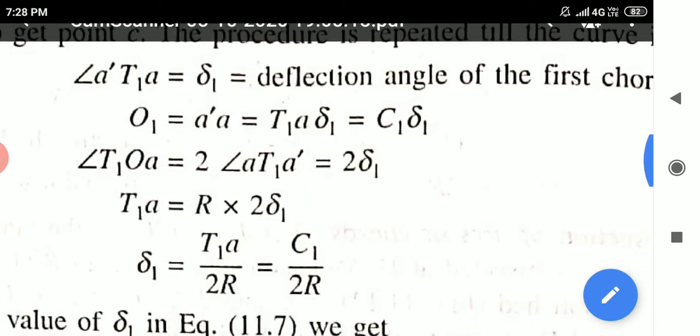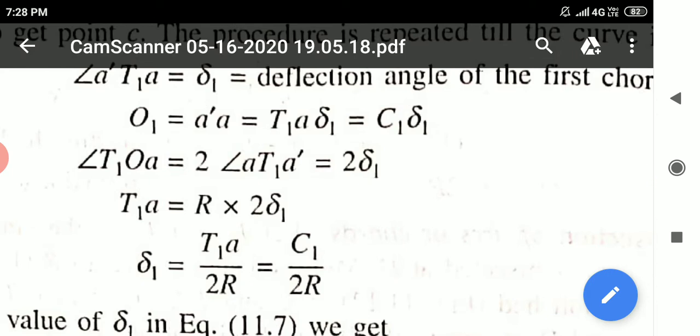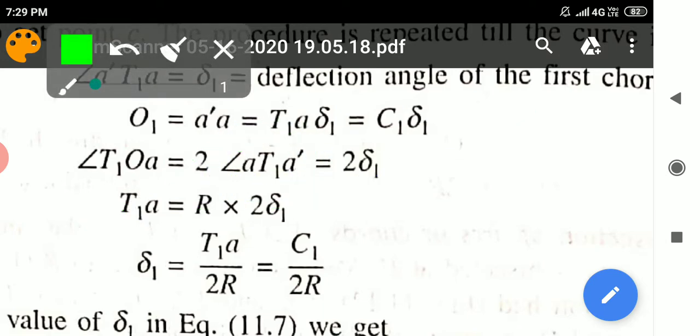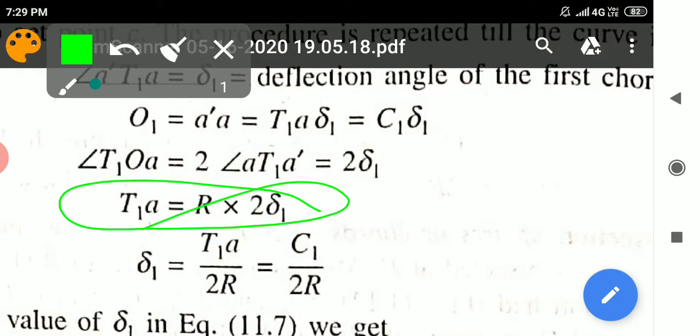Next, the angle T1 A is 2 times the angle A T1A dash, that is 2 times delta 1. In this case, T1A equals R into 2 delta 1. Next I will solve these terms.